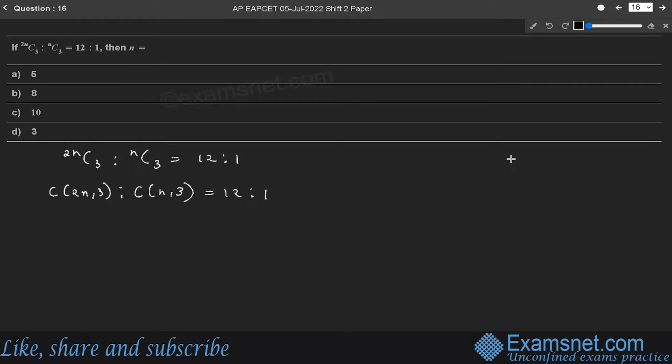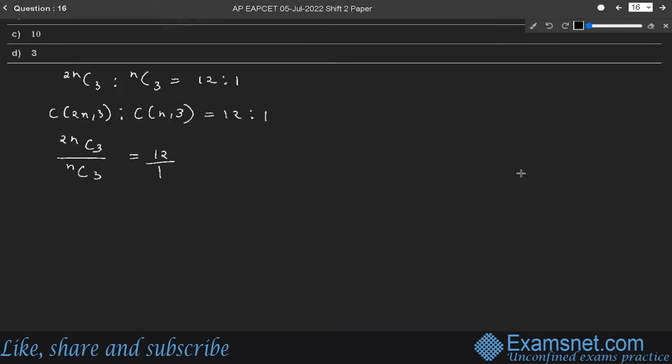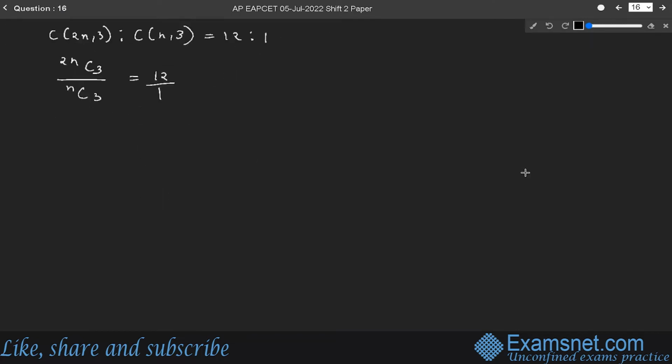Now, it can be written as 2nC3 divided by nC3 is equal to 12 upon 1, since the ratio is given here. Therefore, 2nC3 will be equal to 12 into nC3.